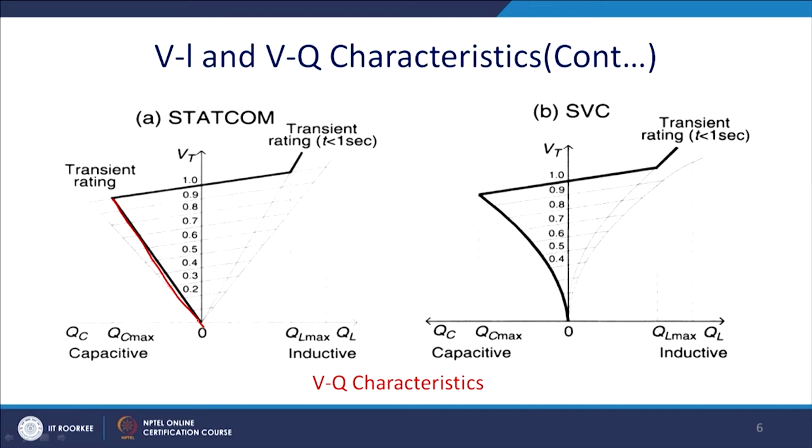You can see the reactive power handling capability of the STATCOM in the VQ characteristics, and here it will be 1, and this is the transient rating, and this is the curve of the inductive region. For the SVC it is basically something like non-linear, but here you can see that it is linear.